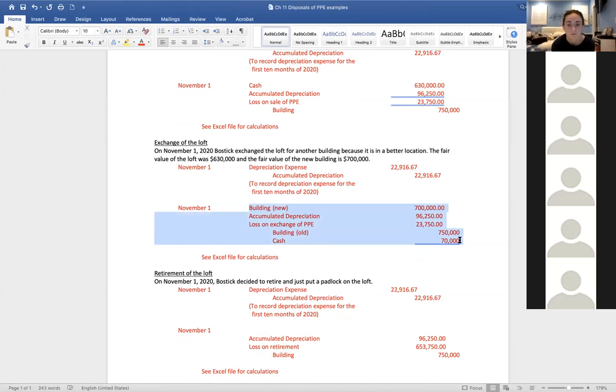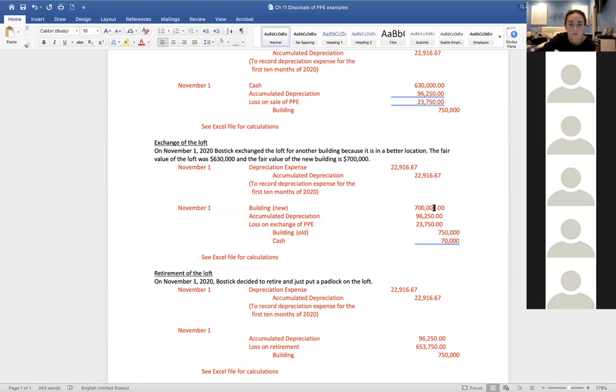On this one, I had a loss on exchange of 23,750. Would I have a gain or a loss on this particular asset? How did we calculate the loss of 23,750?